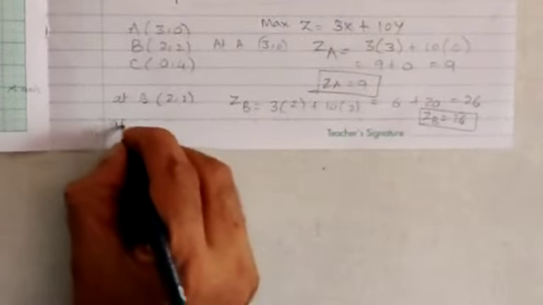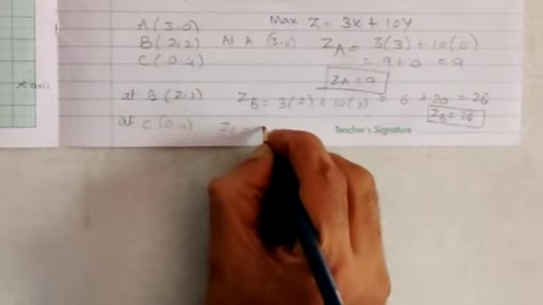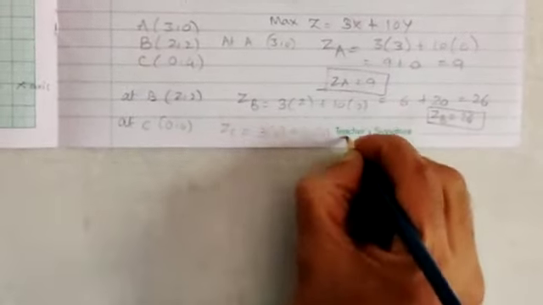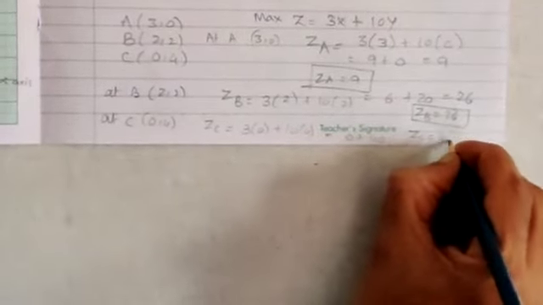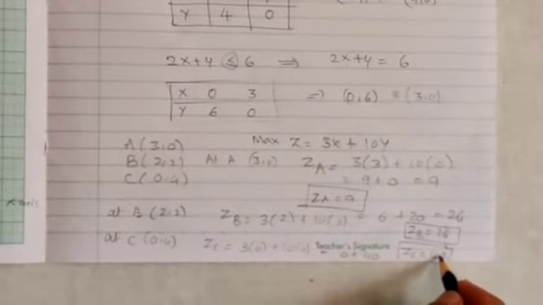Then at C, 0, 4, zc equals 3 into 0 plus 10 into 4. It is 0 plus 40. Zc equals 40. See, the question is what? Maximize. So which is your maximum value? 40.